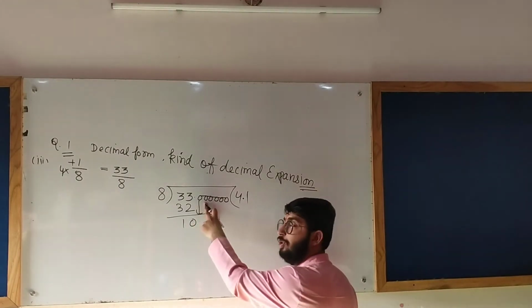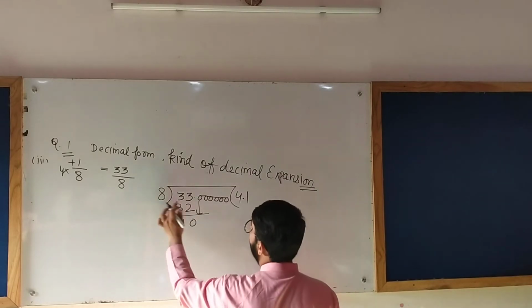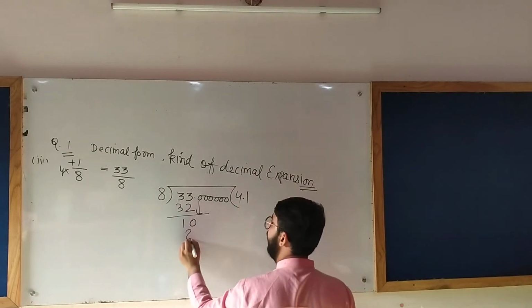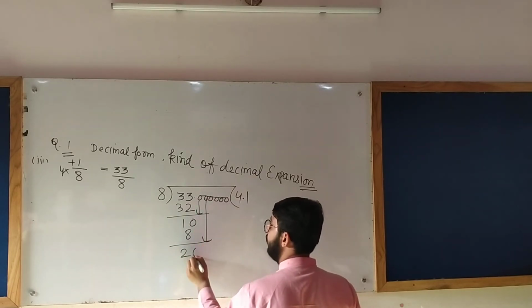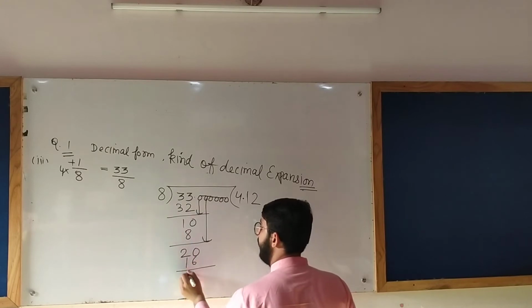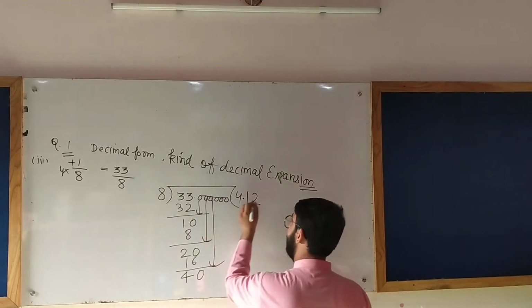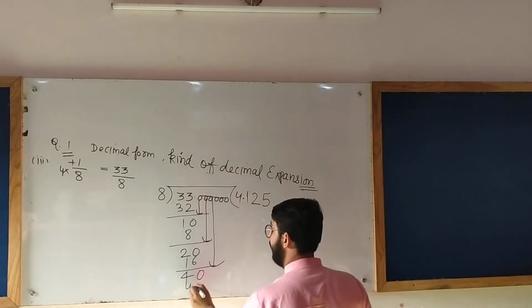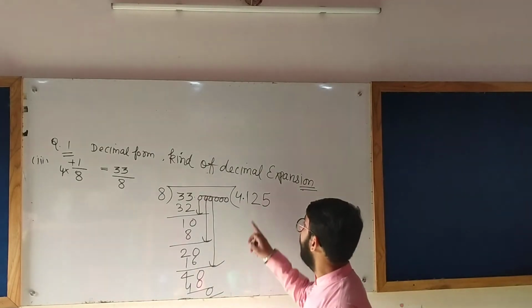If I use another 0, then I will have to add 0 also here. Keep this in your mind. Now 8 ones are 8. Remainder is 2. Take another 0. 8 2s are 16. Remainder is 4. Take another 0. 8 5s are 40. Remainder is 0.